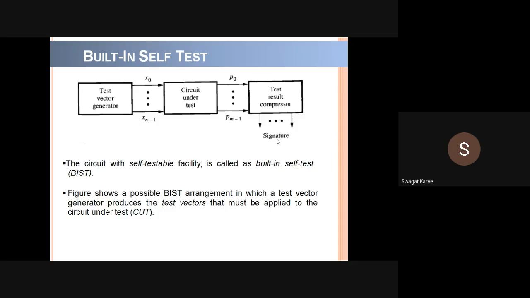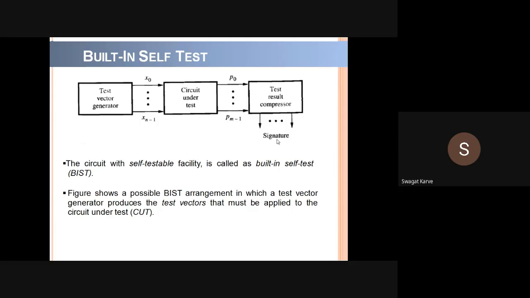So this built-in self-test is one of the techniques used for the testing of complex VLSI circuits. Considering the overall complexity of the circuit, then test pattern generation and application, we can manage the time, but what about cost?